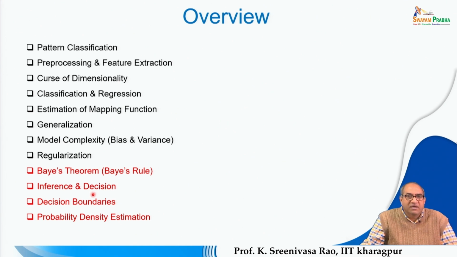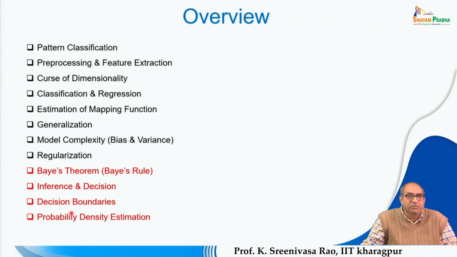Afterwards, how will the decision be made, what will be the inference using the Bayes rule in the case of a classification problem, and what are the decision boundaries? Finally, for carrying out classification using the Bayes rule, we need to estimate the posterior probability, which is the probability of a class given the feature vectors.